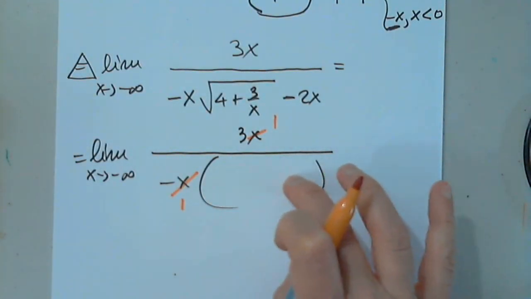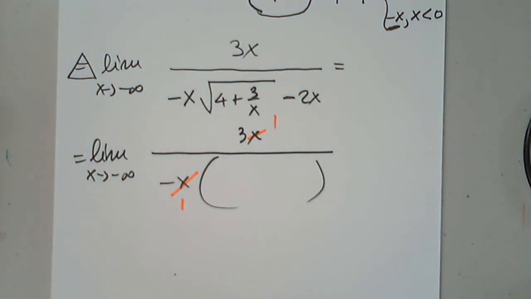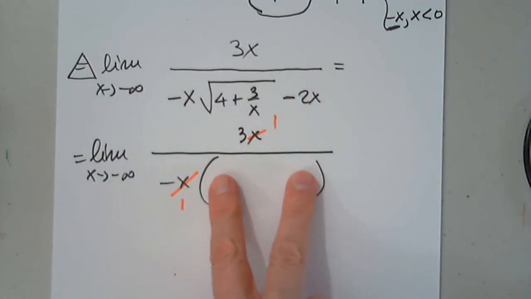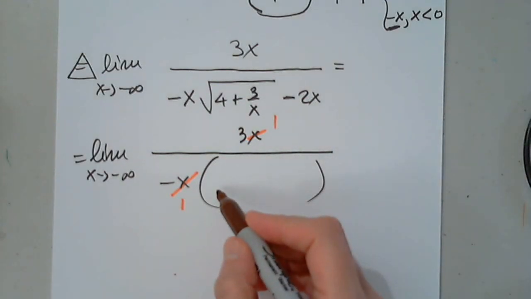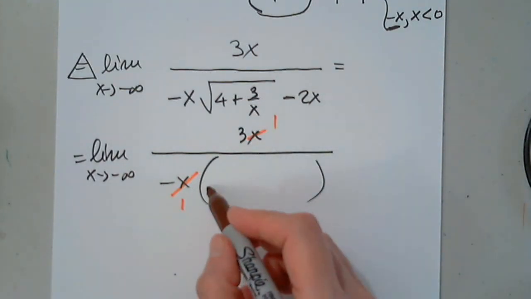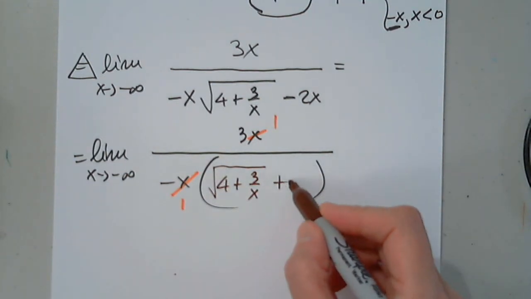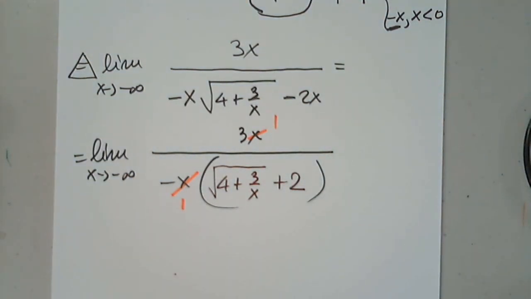But now I have to figure out what to write inside. What do I write inside? I started with 2 terms. I have to have 2 terms. Isn't it root 4 plus 3? Yes, the square root. Minus 2 plus 2. Indeed. Awesome.